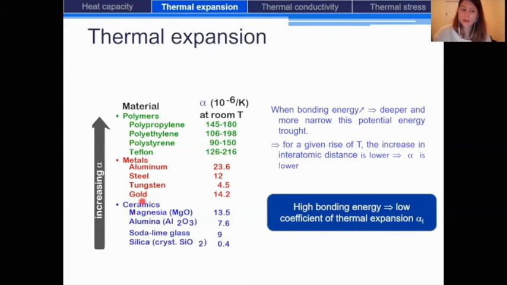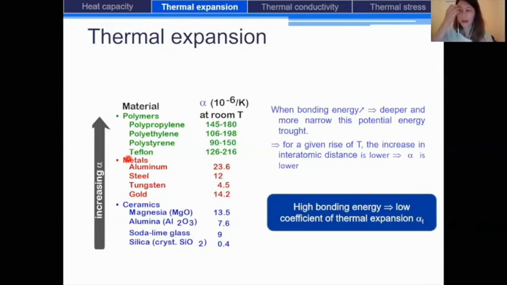In the case of metals, the coefficient of thermal expansion usually ranges from 5 to 25 × 10⁻⁶ K⁻¹. Some specific metals have been developed to have a lower coefficient of thermal expansion for some specific applications. And in the case of polymers, the value for this coefficient of thermal expansion is much higher.